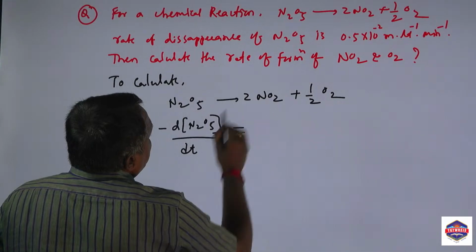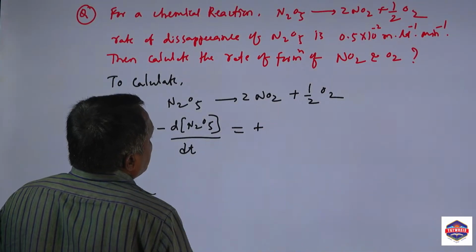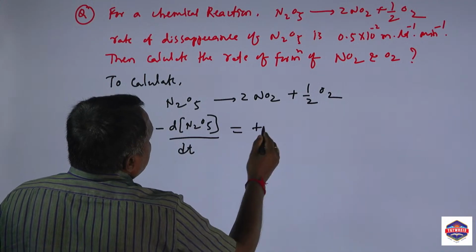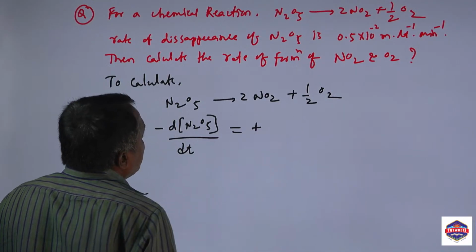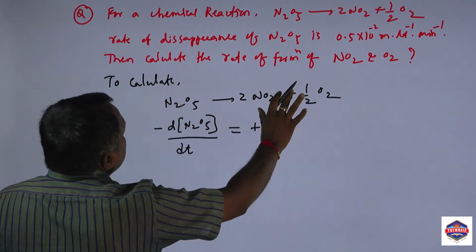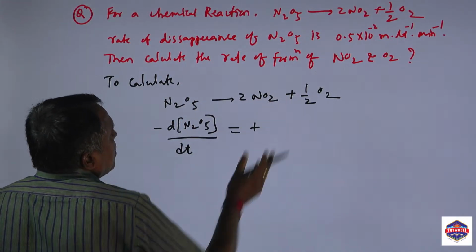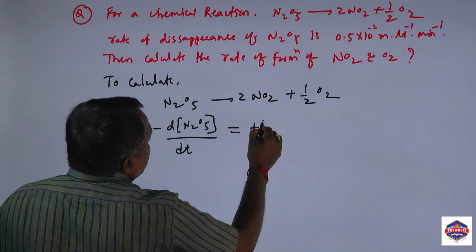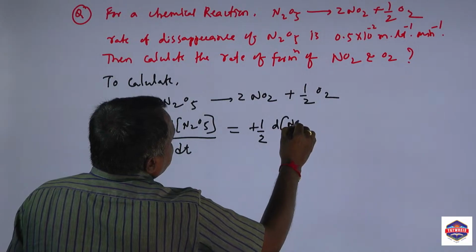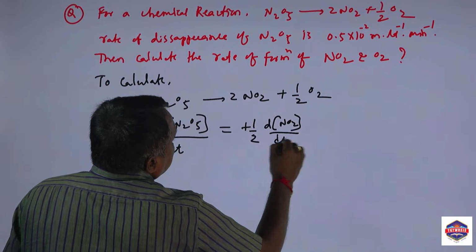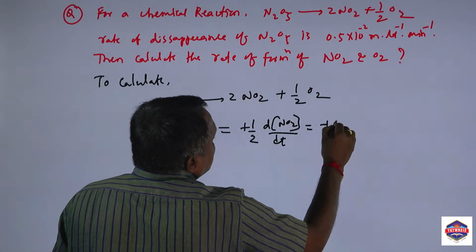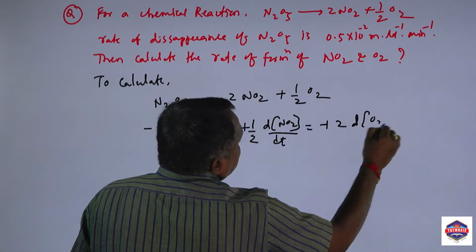NO2 is the product, so we place a positive before it, and since it is 2 moles, we take the reciprocal, 1 by 2 dNO2 by dt, equal to plus 2 dO2 by dt.